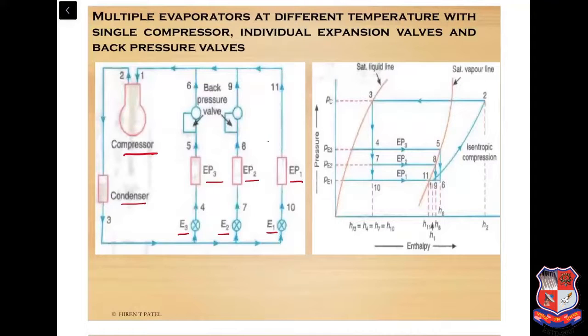Same as the previous one, there are 3 different loads for 3 different evaporators, that is Q1, Q2 and Q3. Here in the pH chart we can also see that there is a difference in temperature for the different evaporators.